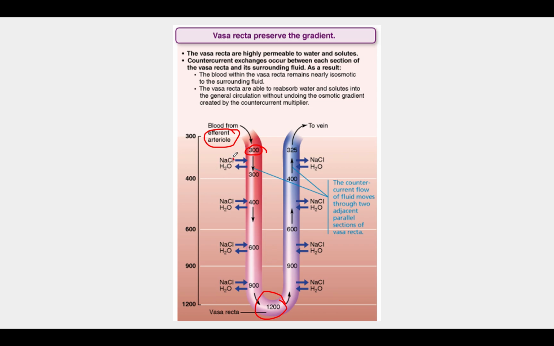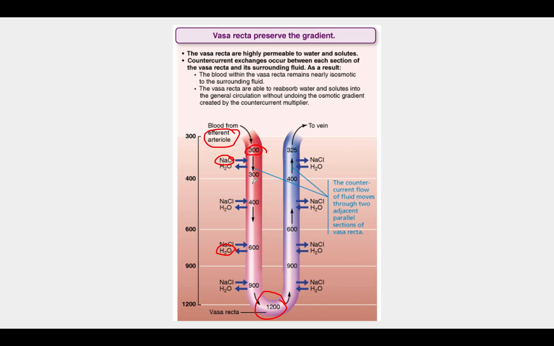So it picks up the sodium chloride from the outside extracellular fluid and gets reabsorbed into the bloodstream. Then the water from the bloodstream is released into the extracellular fluid, and this causes a dilution.